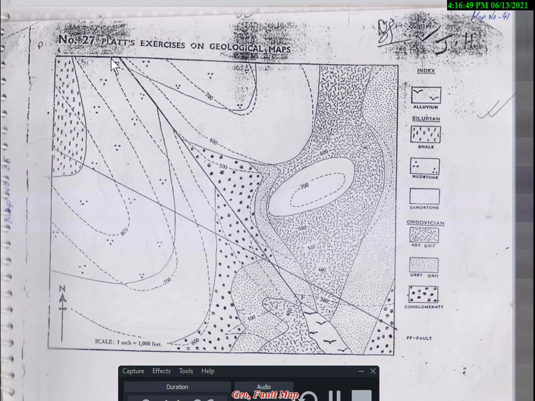See F. F indicates the fault line. This straight line goes through this and finishes here, and also another F. So this line is a fault line. Also, the bed disappearing condition helps to identify the fault line.